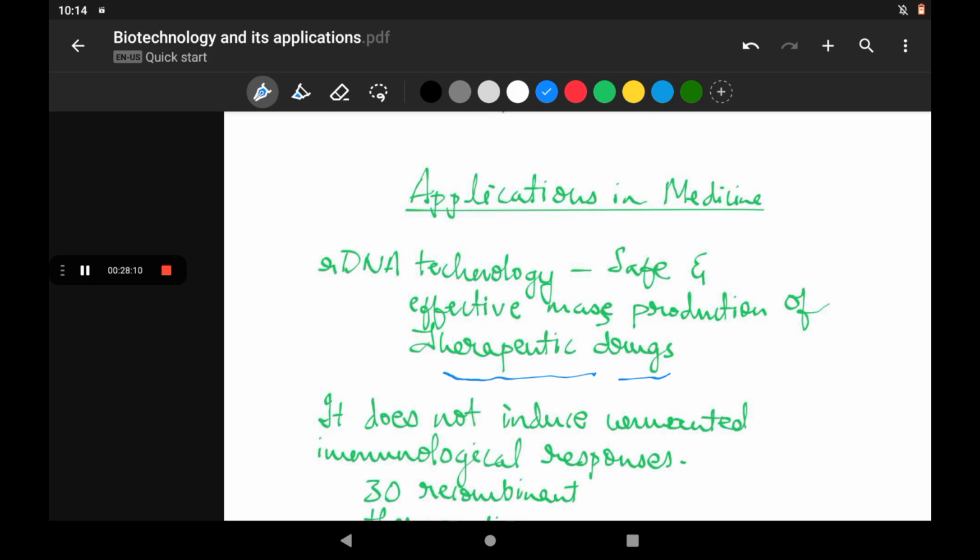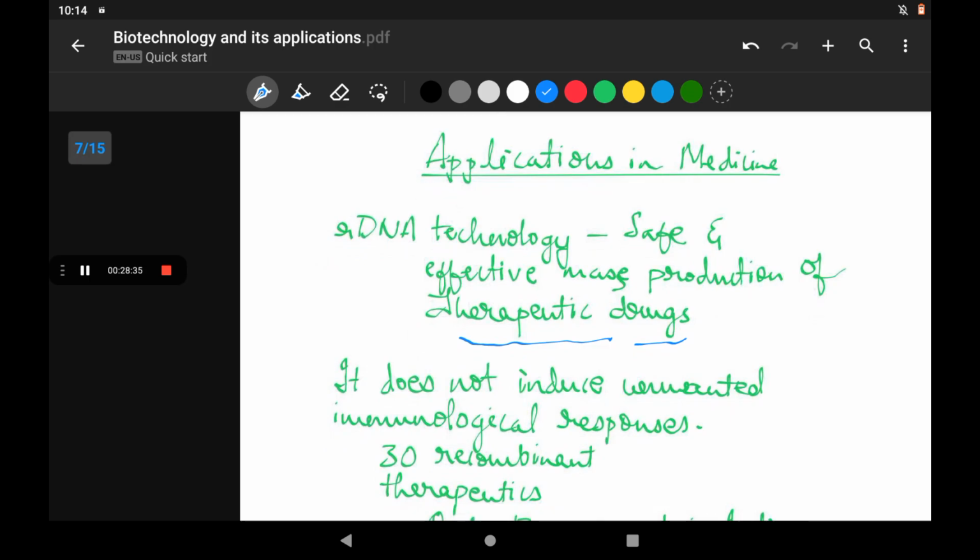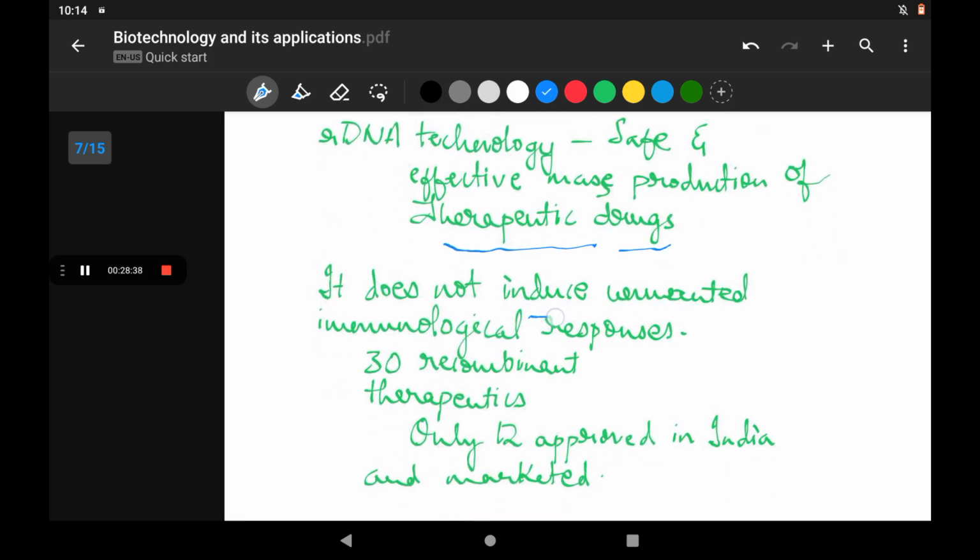Like Biocon, which is very near to us in Bangalore, is producing en masse a large amount of insulin, using this recombinant DNA technology as well as a modified bacterial host cell, that is a transformed cell. What is the advantage of having a therapeutic drug? It does not induce unwanted immunological responses, no rejection of the medicines.